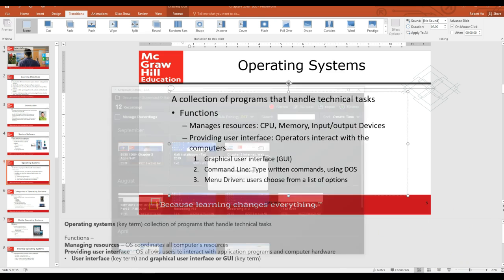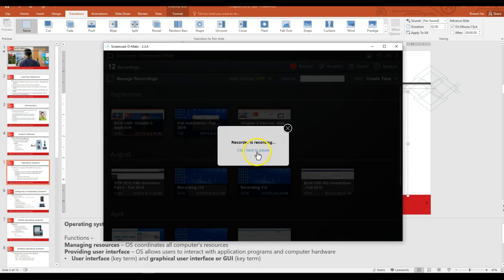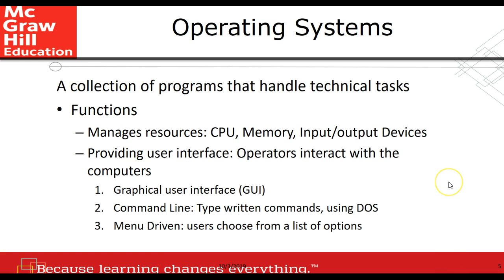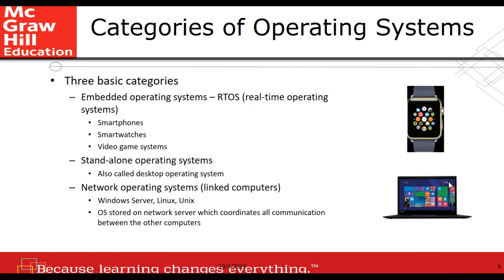The next one. So we are in the function of operating system. Next is the different categories of operating systems. The first one is real-time operating system or embedded operating system.